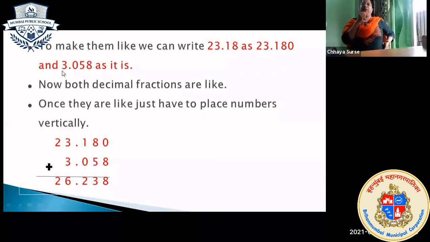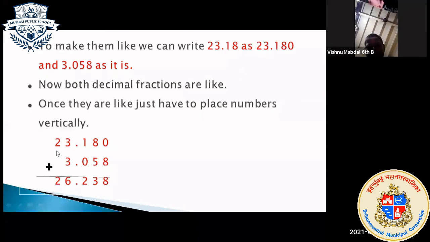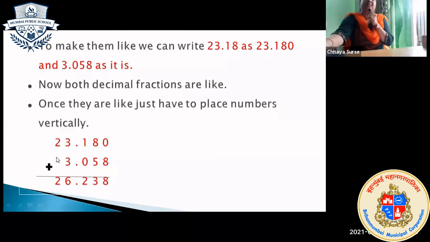Is it on the tens place? 3 is a one digit number, so you have to write it on the unit place.